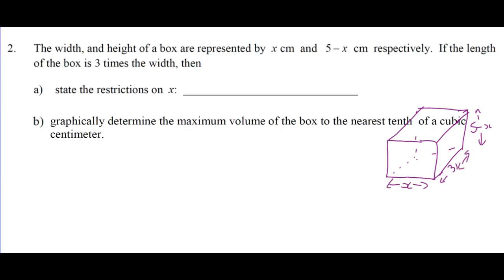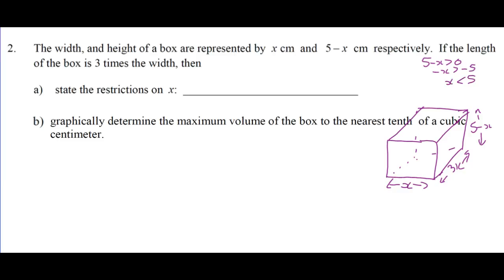State the restrictions on x. So what do we know about 5 minus x? It's got to be greater than 0, right? So if we say 5 minus x is greater than 0, then negative x is greater than -5, or x is less than 5.